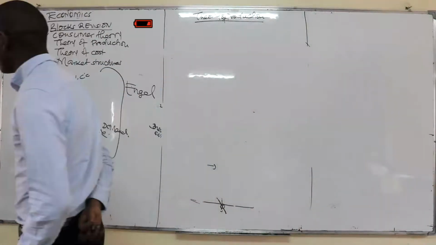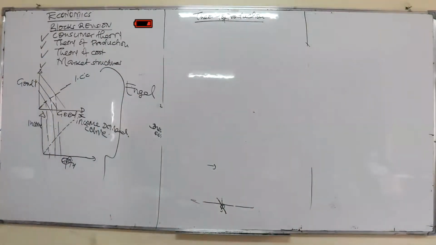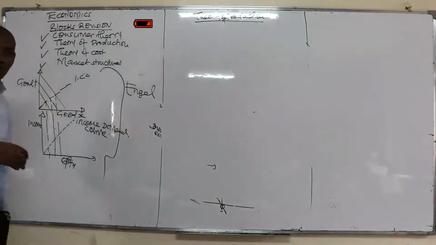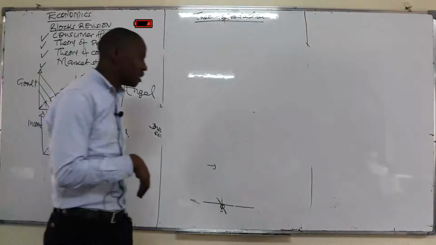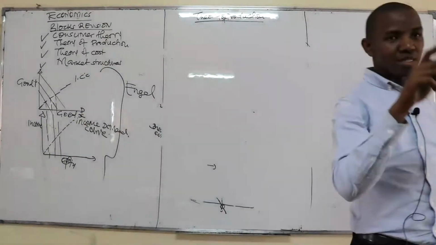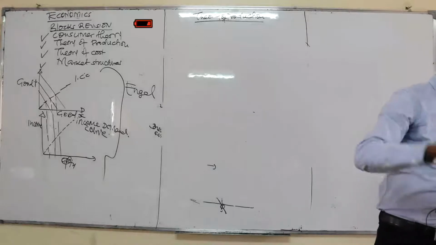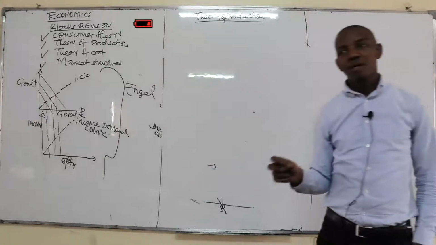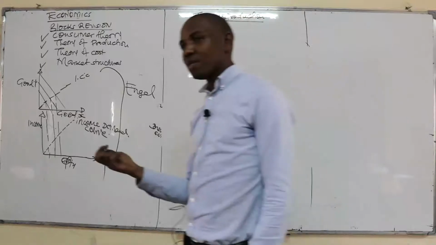When we talk about the homogeneous, the production function is linear. Are we together? It is a straight line. But for the non-homogeneous, the production function is not going to be a straight line. It will just be like a curve. Right? Are we together? That is what we mean in that regard.